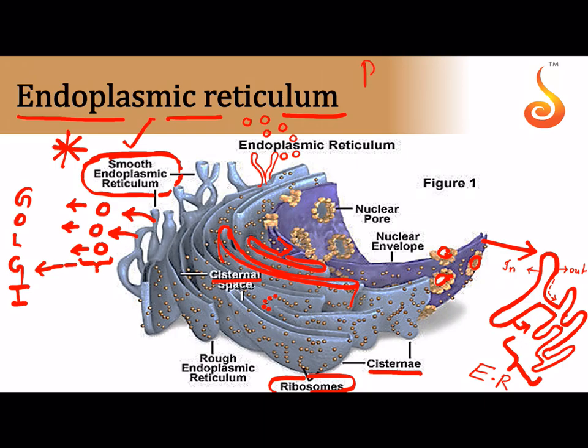So all of you remember that RER is a site of glycosylation. Glycosylation means addition of glucose or carbohydrates to proteins, that is referred to as glycoprotein synthesis. So whenever you add carbohydrate to a protein, it becomes a compound called glycoprotein. The process of adding a carbohydrate to the protein is mostly carried out by this particular endoplasmic reticulum.